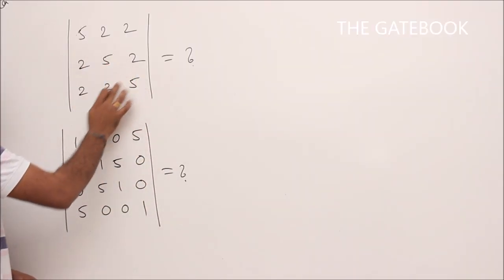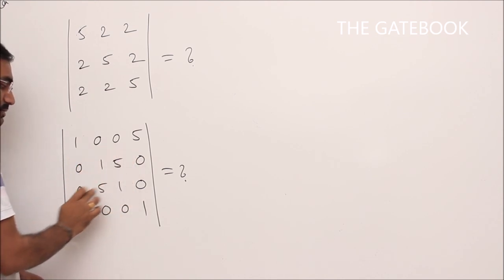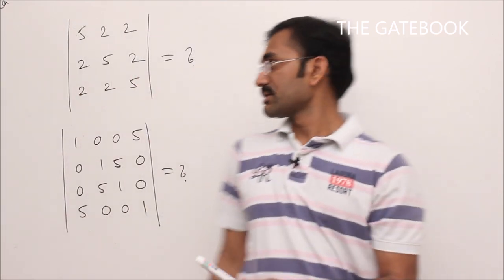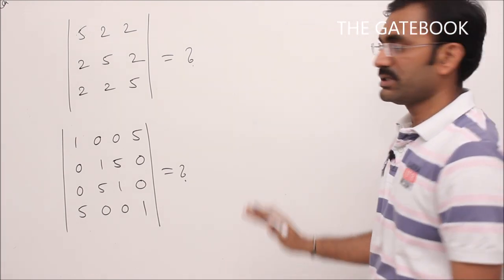5, 2, 2, 2, 5, 2, 2, 2, 5. And the second one: 1, 0, 0, 5, 0, 1, 5, 0, 0, 5, 1, 0, 5, 0, 0, 1. Consider the first matrix here. For this type I will give one shortcut method.